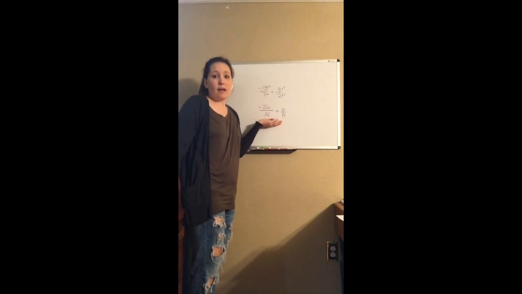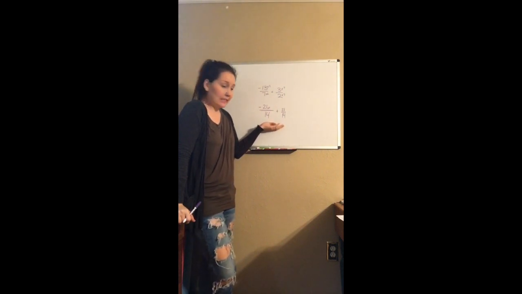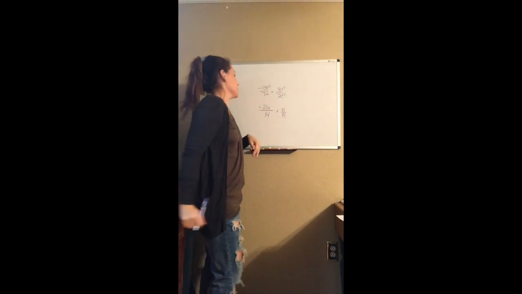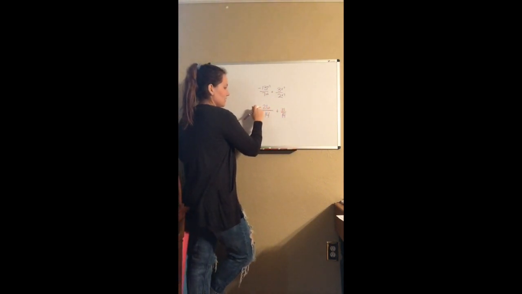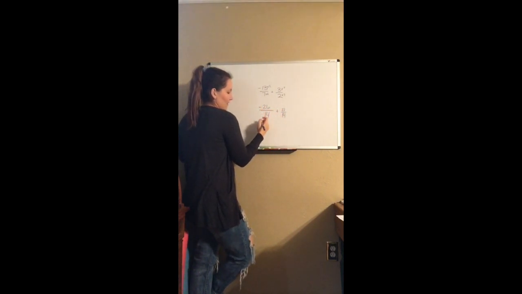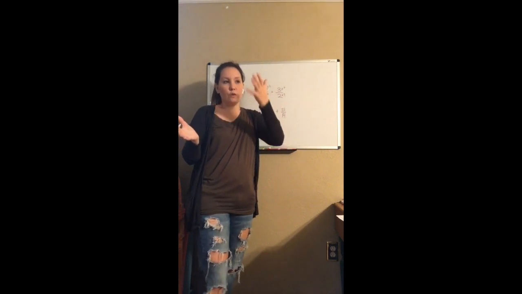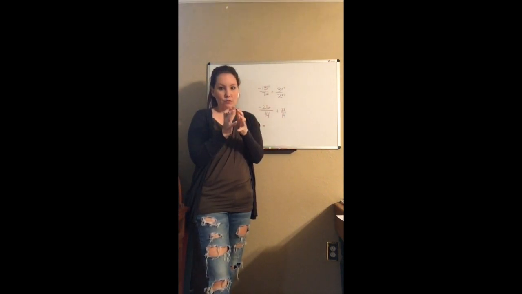So now we need to think back about what we do when we're dealing with integers, so positive and negative numbers. So looking at this, which number is bigger? 26 is bigger, so I know my answer is going to be negative. Now, since we're dealing with positive and negative numbers, we are dealing with the difference between those two.